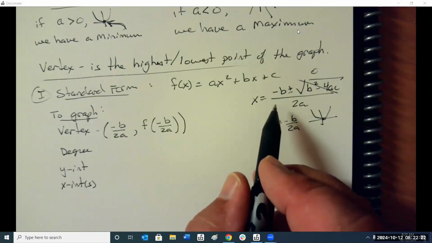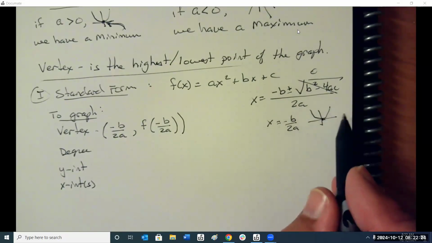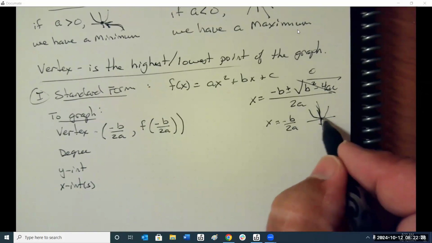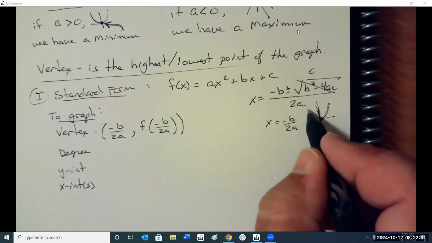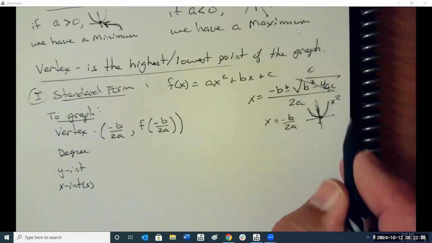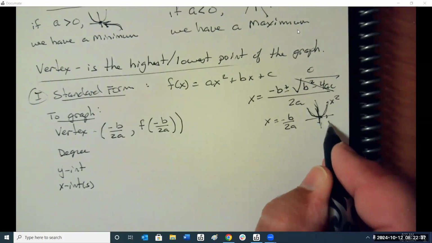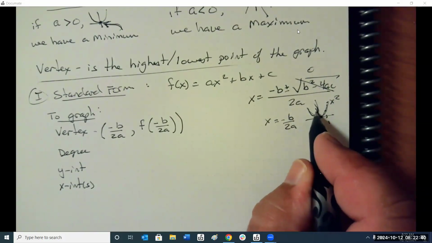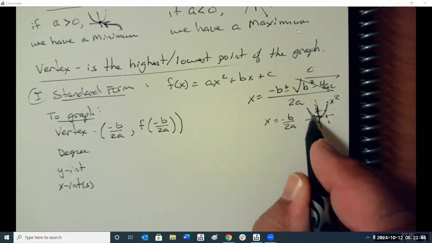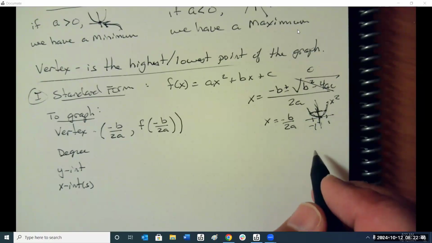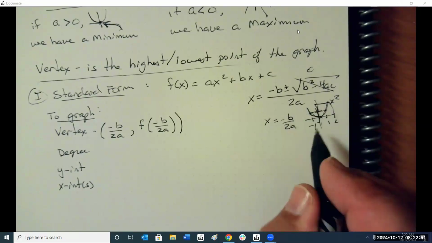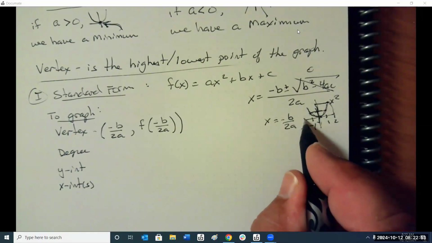Now, here's another thing. Because of the vertex, if we drew a line through the middle of it, it's symmetric. What happens on this side happens on this side. For example, for x squared, if x is 1, 1 squared is 1. If x is negative 1, it's 1. If x is 2, it's 4. If x is negative 2, it's 4.